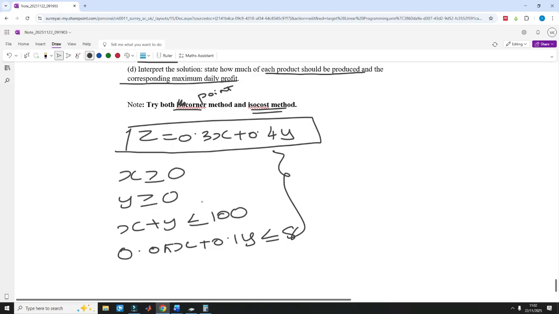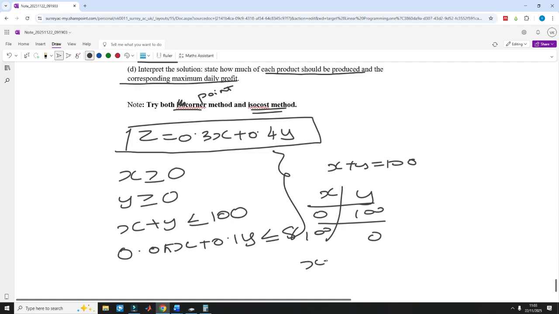It's really easy. So first convert this into linear equations. x plus y equal to 100. Procedure is simple. When x is equal to 0, y will be 100. When y is equal to 0, x will be 100. And when x is equal to 0 and y is equal to 0, x plus y will be 0 plus 0, so that is less than 100.